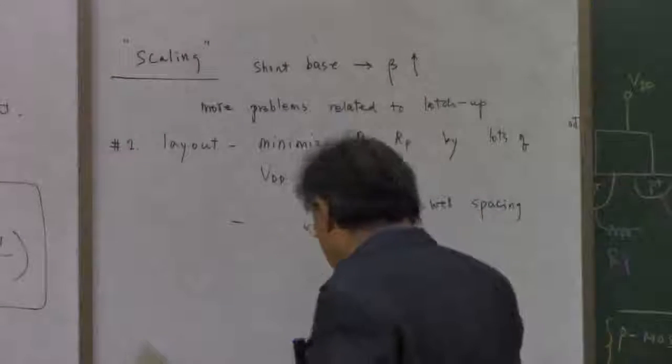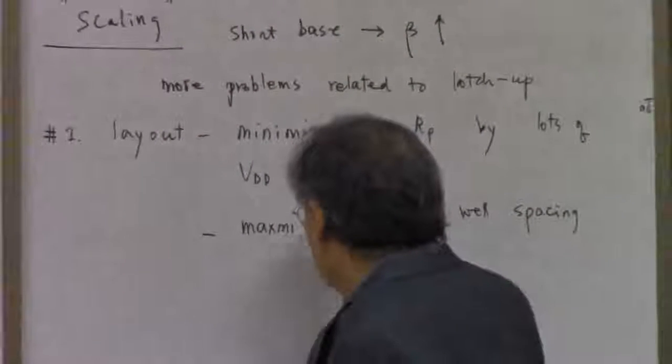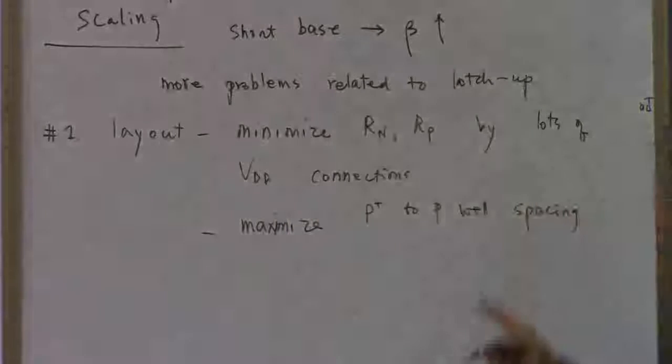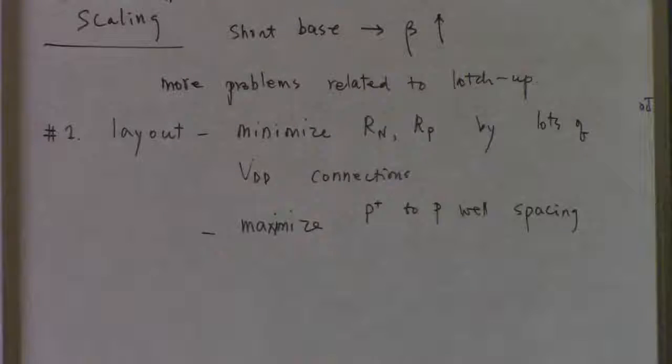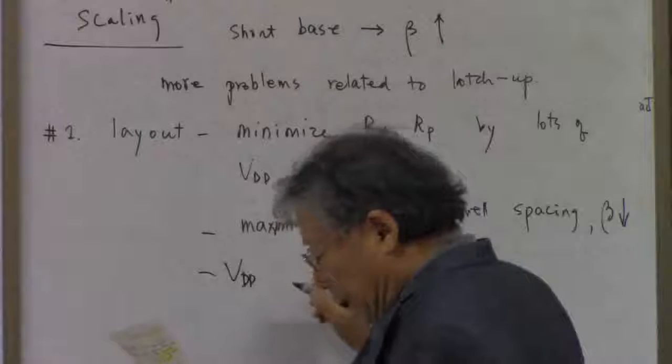In this case, we have to maximize the P plus to PL spacing so that we have a very big base region for these PNP bipolar transistors to make beta down. The gain is going to be decreased. Okay? And also we can have a backside contact.